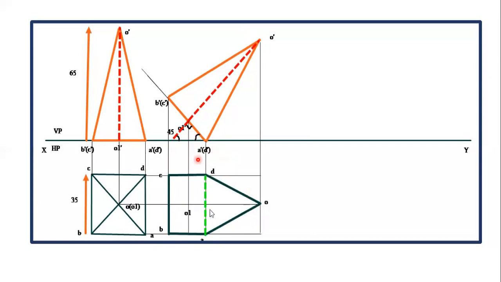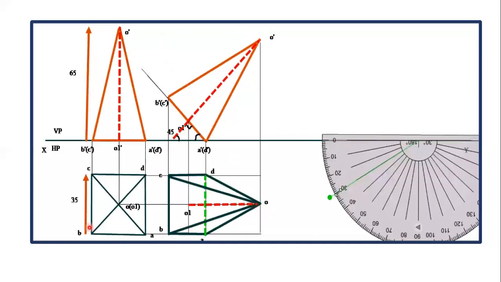See the points on the XY line, A dash and D dash. The line connecting from that will be hidden. Here B and C are the points near to the observer. So the lines from B to O and C to O should be visible.